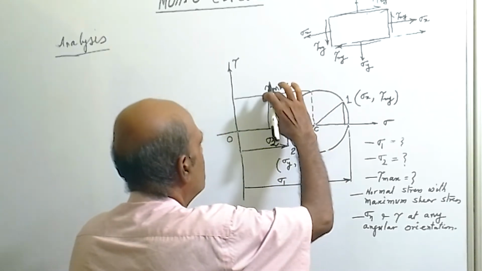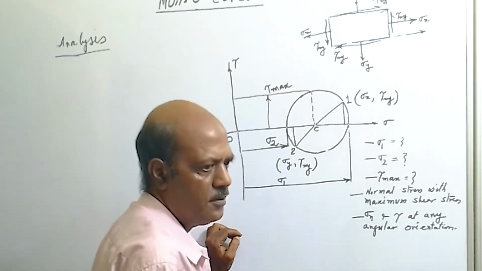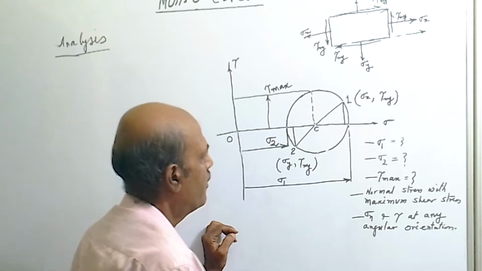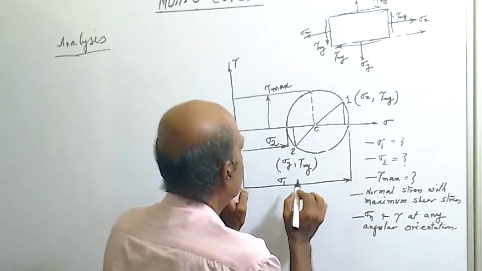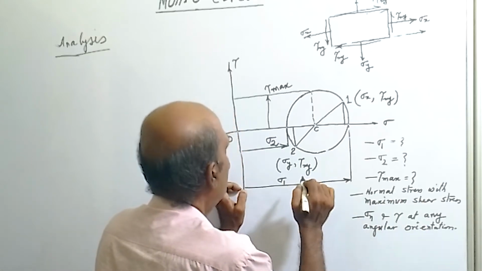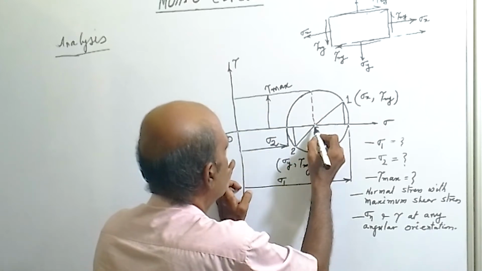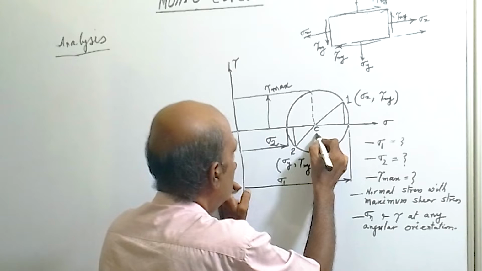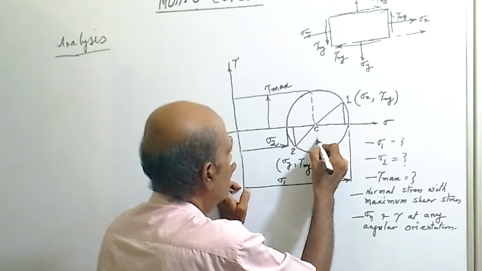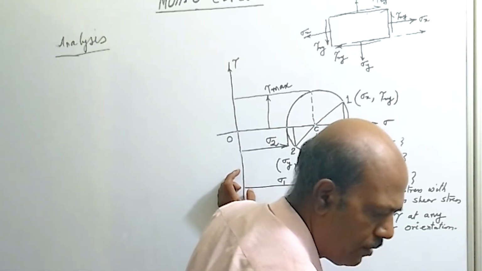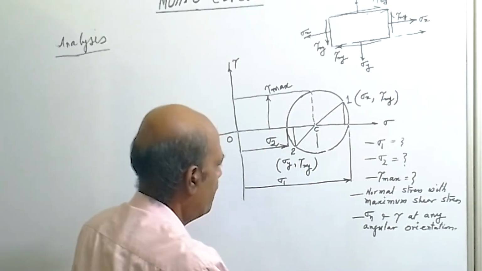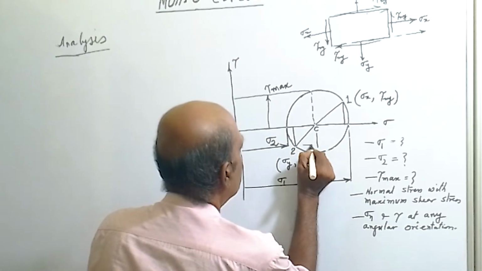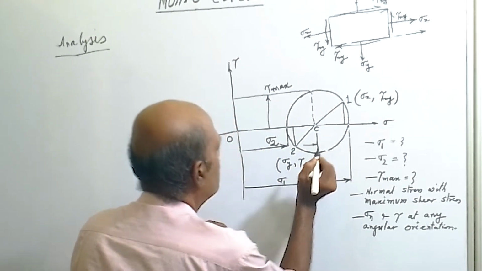So that means this value will be tau max, and the normal stress which will occur along with this tau max, so this value will be the normal stress which will occur with maximum shear stress plane. So we will measure this value.